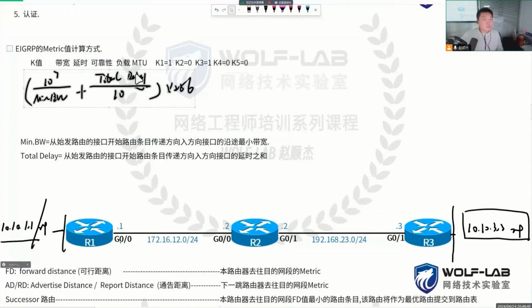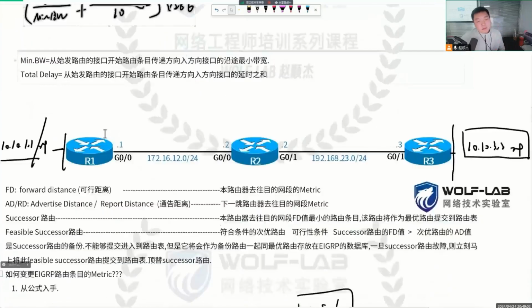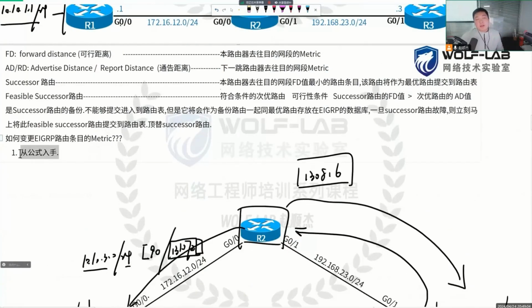Students, the sum of both, that is, the bandwidth term plus the sum of delays divided by 10, multiplied by 256. This is how we calculate the metric with the formula. We can start with the formula, then in practice, or in an exam setting.